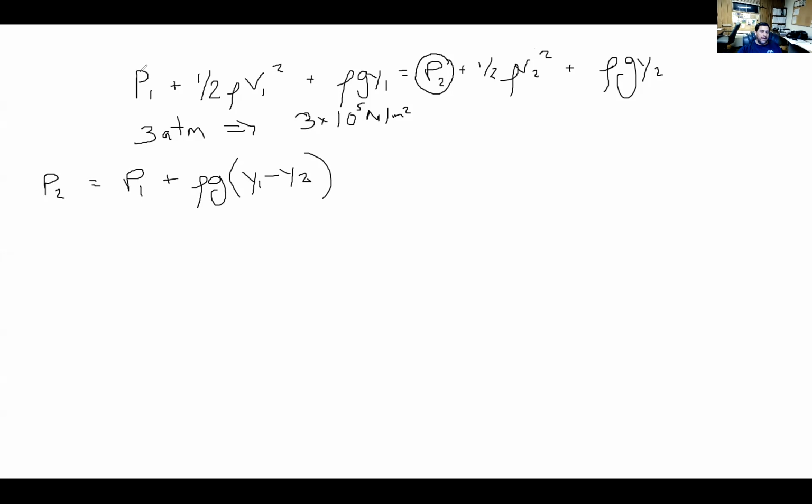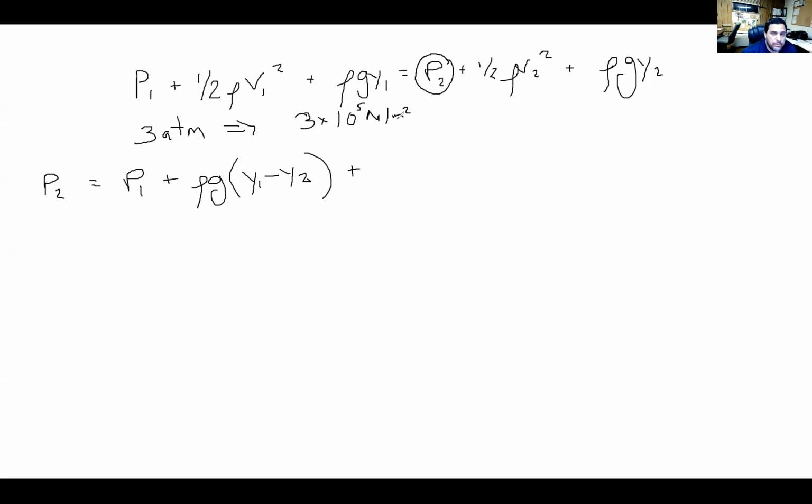At any point in time here, you could plug the numbers in up here. You could plug your 3 atmospheres in. We know the density of water. We know the first velocity. We know gravity. We know the elevation difference between the two. So you can plug the numbers in here.